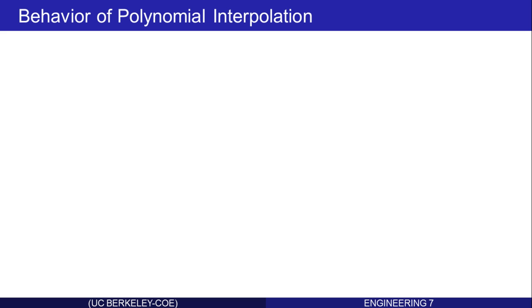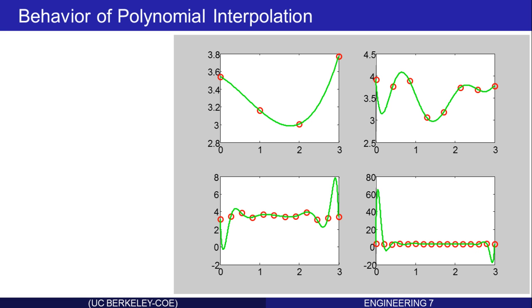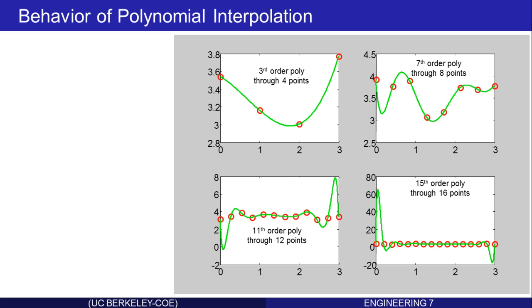Let's look at this another way. Here are 4 graphs of polynomial interpolation: a 3rd order through 4 points, a 7th order through 8 points, an 11th order through 12 points, and a 15th order through 16 points.